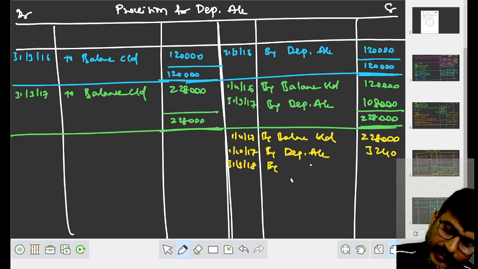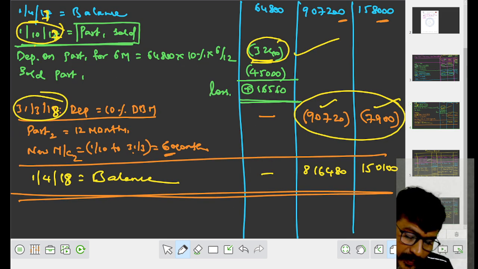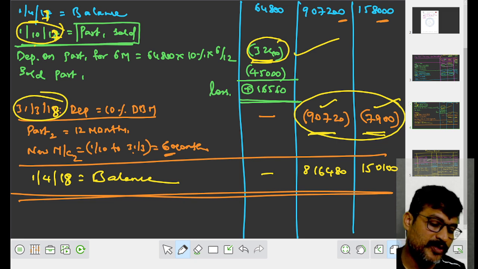On March 18, again depreciation account. Depreciation on both your part 2 and new machinery 2. The total of these two depreciations comes to 98,620.